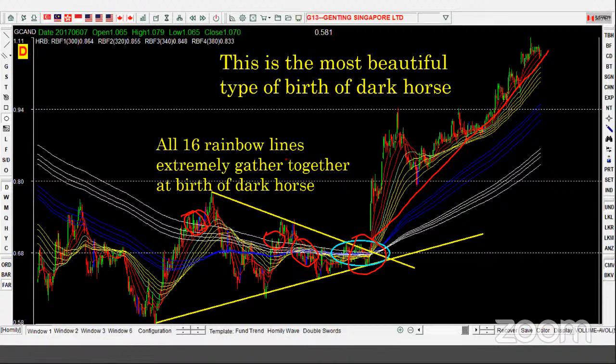When you see the price first time go up above the Y lines, you better wait for the confirmation. If no confirmation, then it may fail. And before the final time, when it's a successful reversal, there might be a lot of consolidations. So that's why I say the birth of the horse is quite complicated.